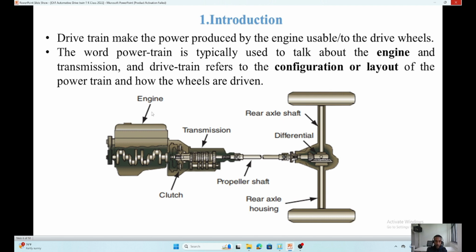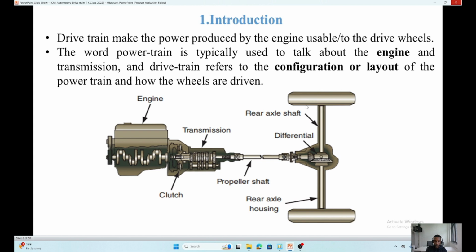If you observe the location of the engine and the location of the wheel, they are really far apart. Also, sometimes with the same direction of rotation from the engine, the vehicle will need to move backward, which means reverse, or forward.